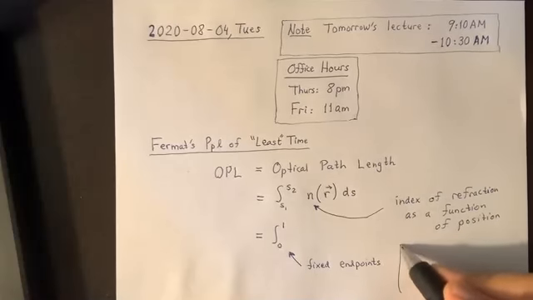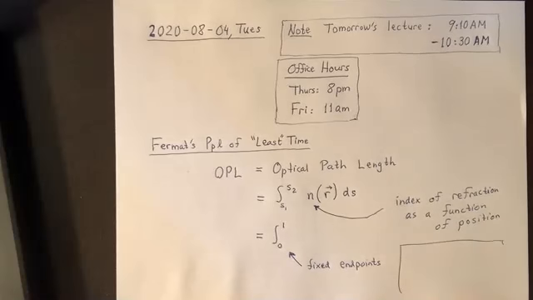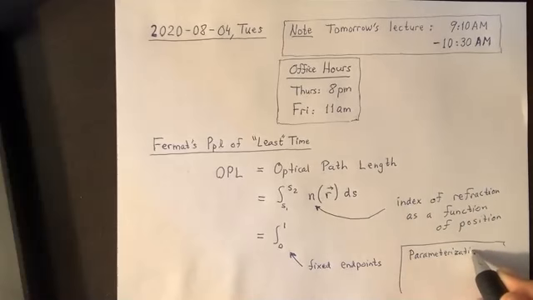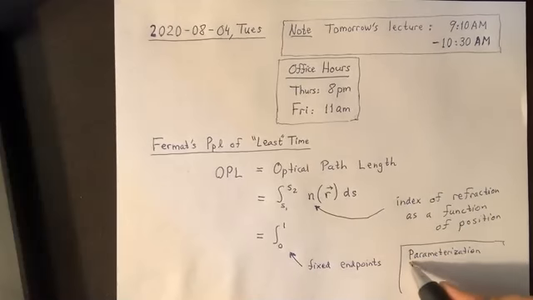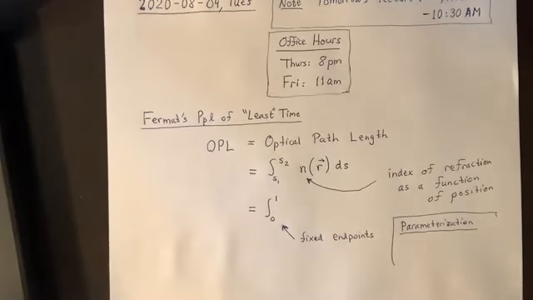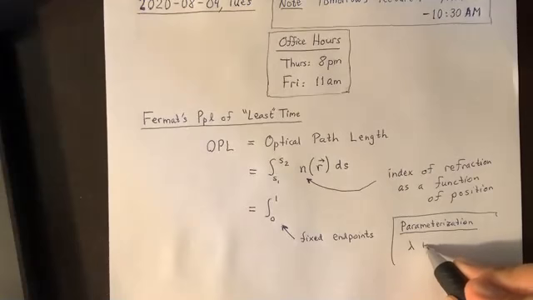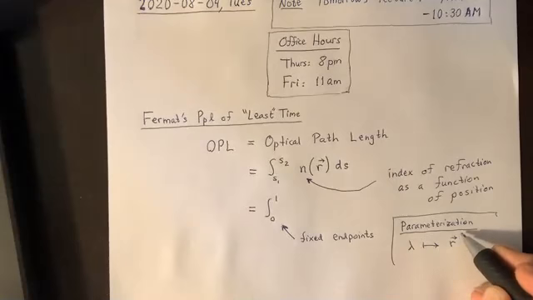So we're going to have an inset box here. Parameterization. Right, we've talked about this for our various path integrals. It's a mapping where a value lambda gets mapped to a point in space, which is r of lambda.